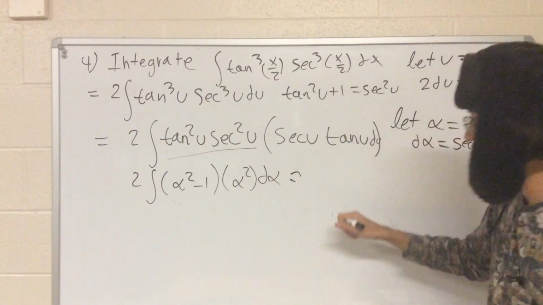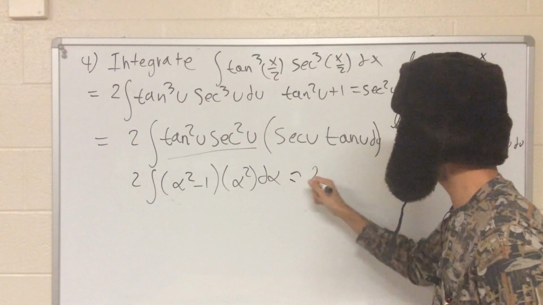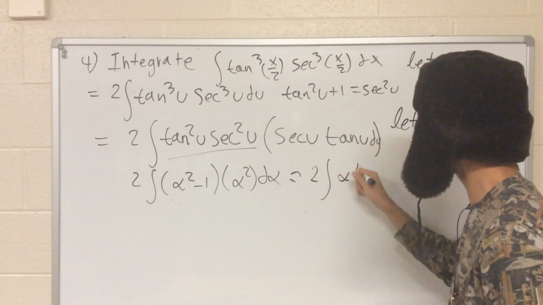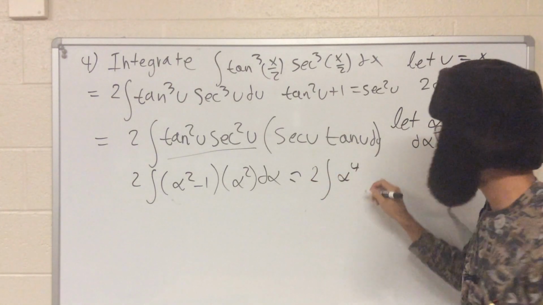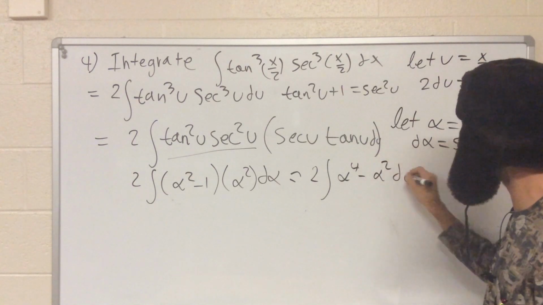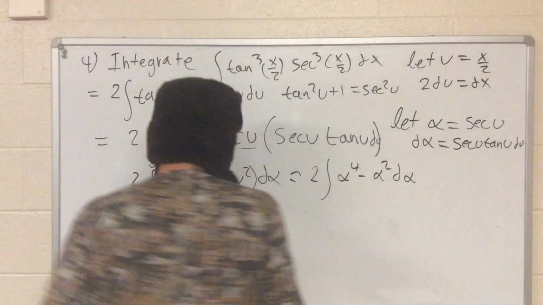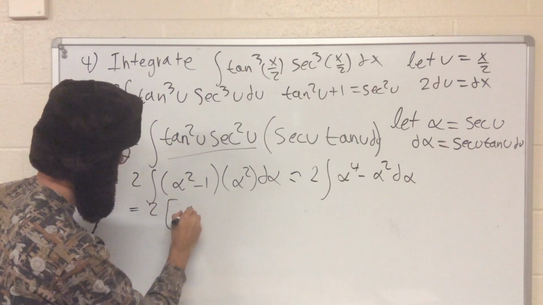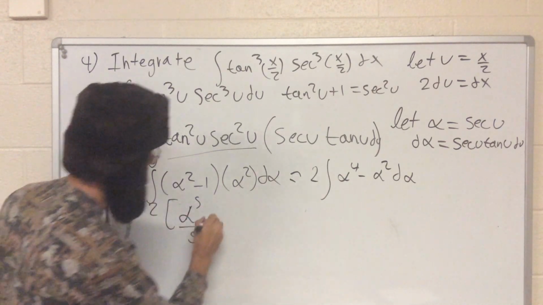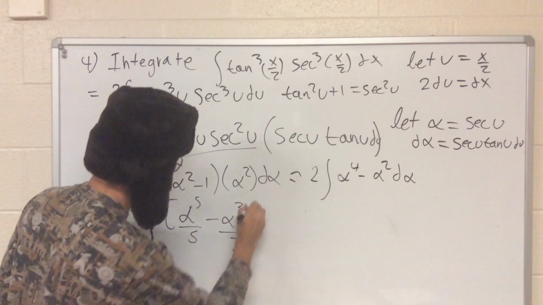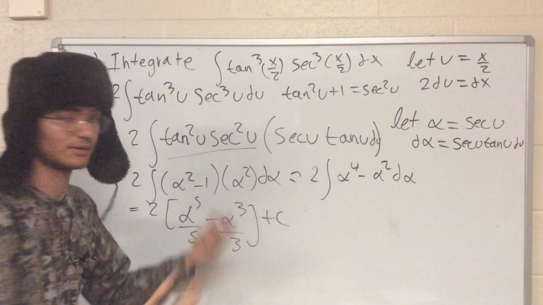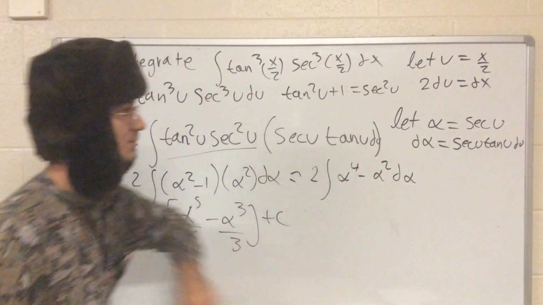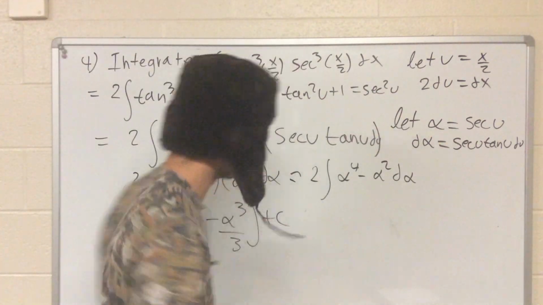So this integral is equal to 2 times the integral of alpha to the 4th power minus alpha squared d alpha. So the final answer should be equal to 2 times alpha to the power of 5 over 5 minus alpha cubed over 3 plus c, and then we make back our substitutions. We know alpha is equal to secant of u, and u is x over 2.